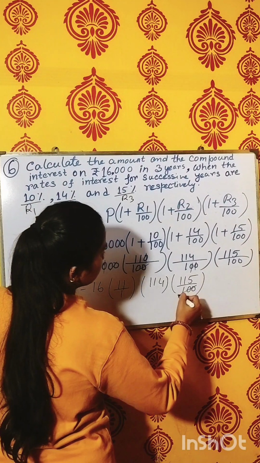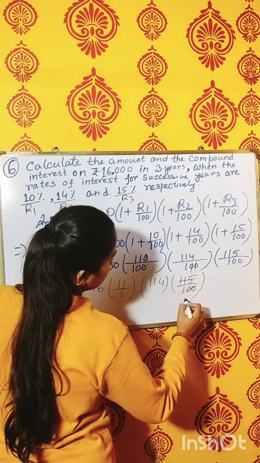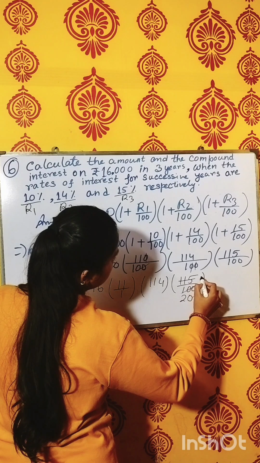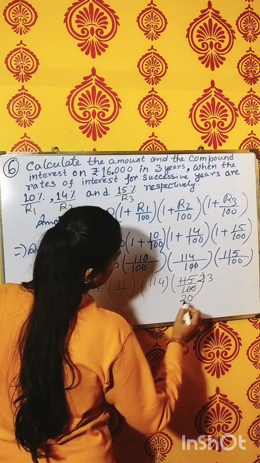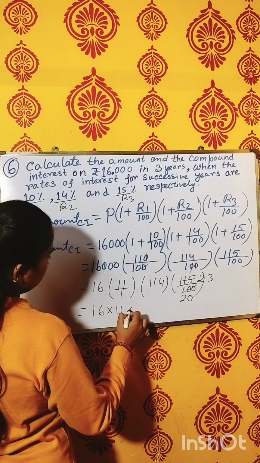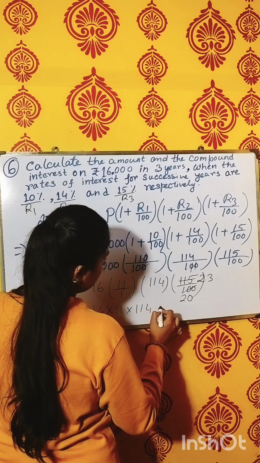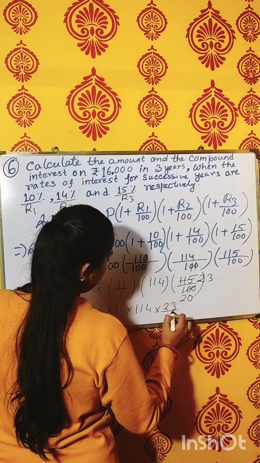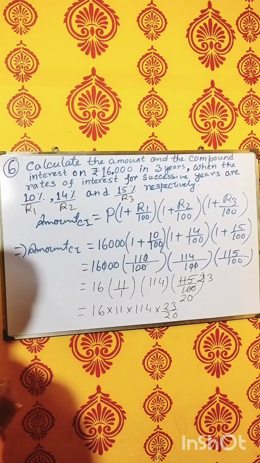We can cut this by 5: 5 20, 5 2 10, 5 2 23 by 20. That means 16 multiplied by 11 multiplied by 114 multiplied by 23 whole divided by 20.